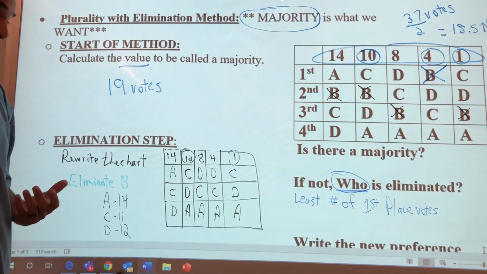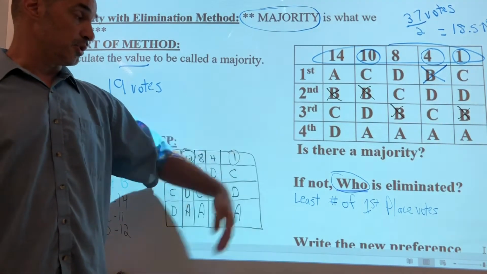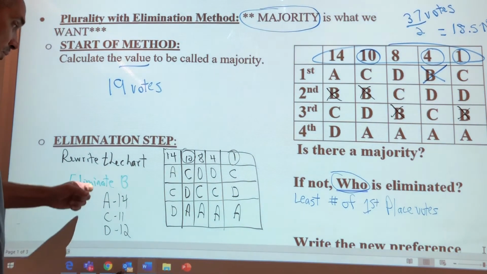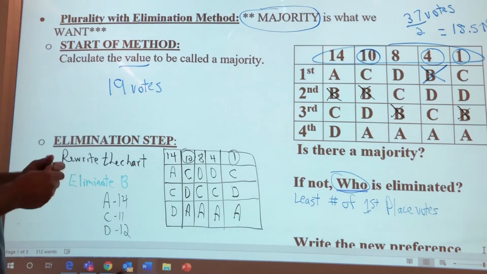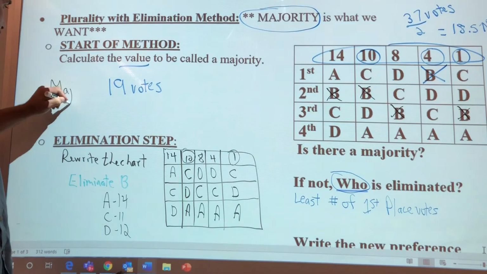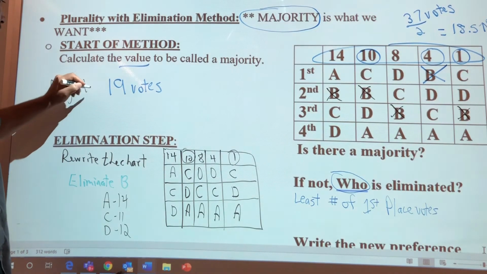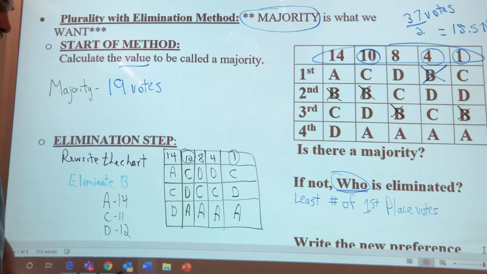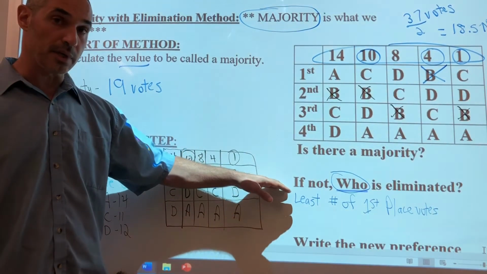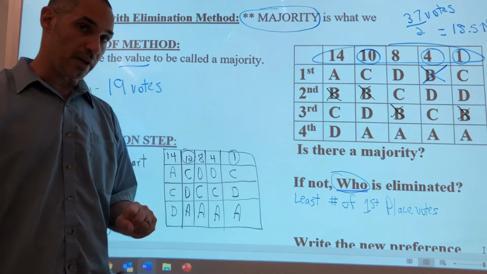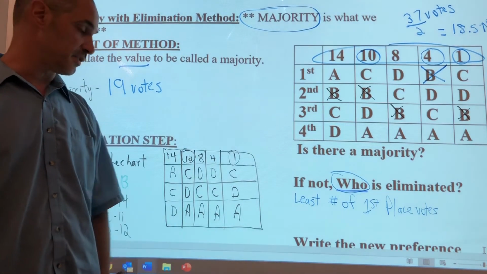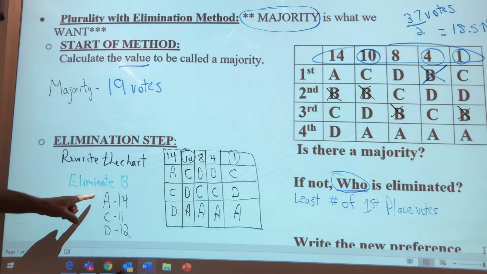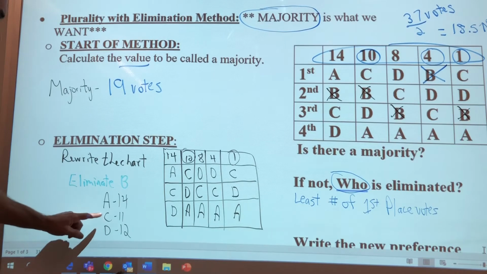So I ask myself, is there a majority? Well, a majority is 19 votes, right? No one has 19 votes. So if not, who is eliminated? Remember, we're eliminating the person with the least amount of first place votes. Well, the least amount of first place votes here seems to be C.